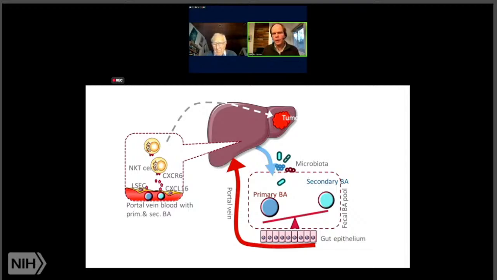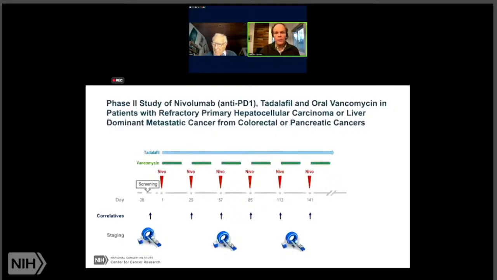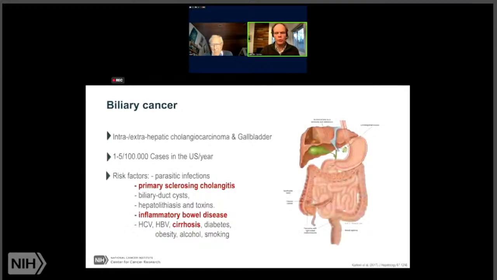So there's certainly some data suggesting that this mechanism may also apply to humans. So we're testing this currently in a clinical trial where we treat patients with vancomycin to target this specific Clostridium species, and hopefully in a year or so I will be able to show you this data.